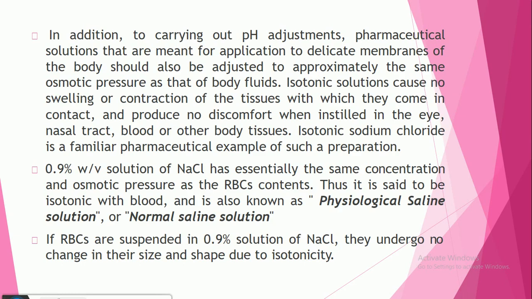Moreover, I would like to say, in addition to carrying out the pH adjustments, as we know, pH is the negative logarithm to the base 10 of the molar concentration of hydrogen ion in aqueous solutions, and the normal physiological pH of the body is 7.4, which is neutral. So for pH adjustment, the pharmaceutical solutions meant for application to delicate membranes of the body should be adjusted to approximately the same osmotic pressure as that of the body fluids.